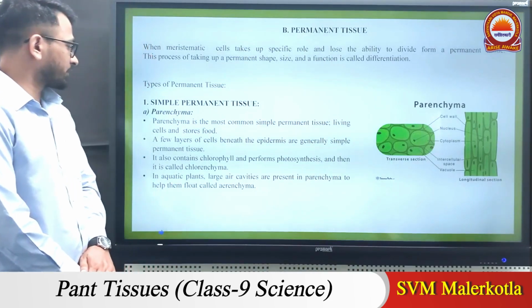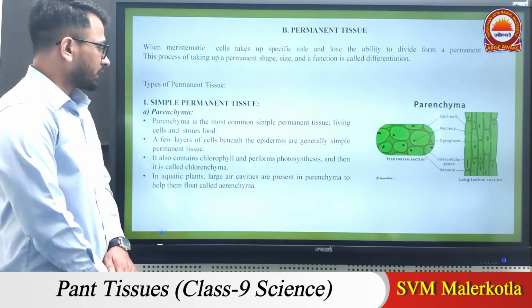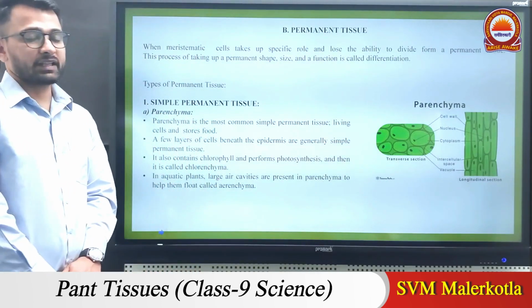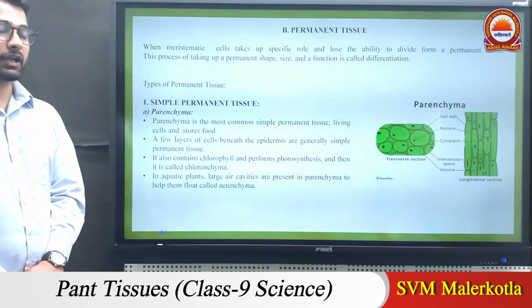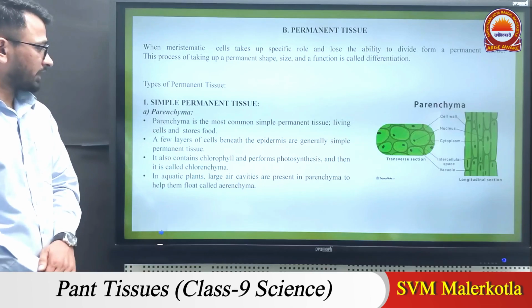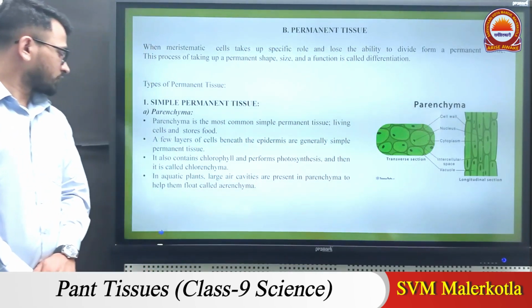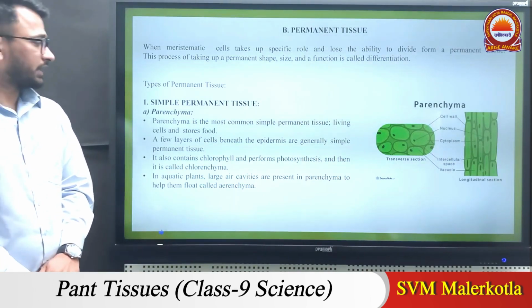Third, sometimes they also contain chlorophyll and can perform photosynthesis, and then they are known as chlorenchyma. And in aquatic plants, these parenchymatous cells can form air cavities that help in the floating of the plants, and it is known as aerenchyma.